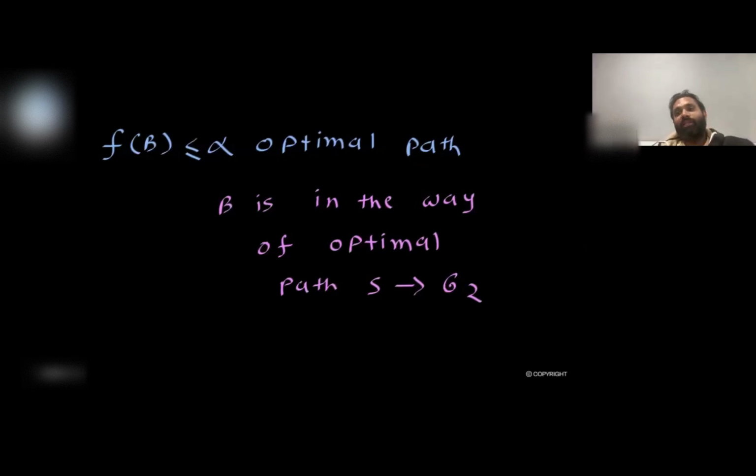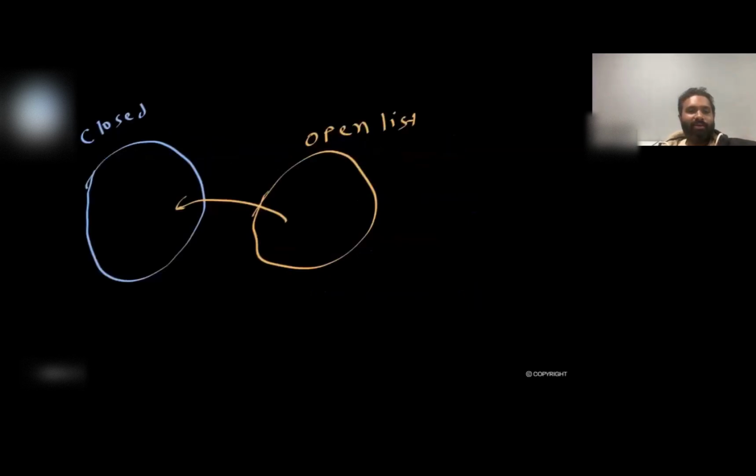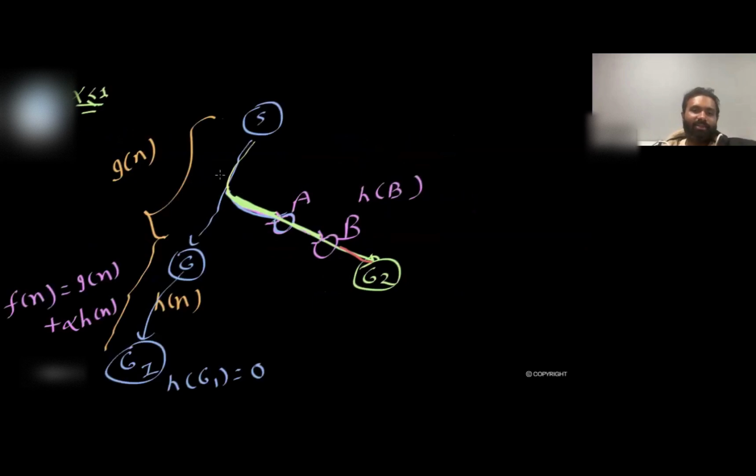If your algorithm is finding some path which is more than alpha times the optimal path, then again we get a contradiction, because you have some path, this particular yellow plus blue path, which is more than alpha times the optimal path.